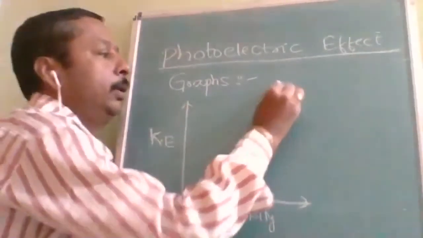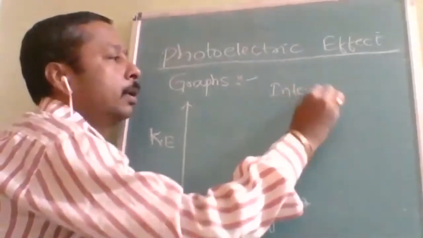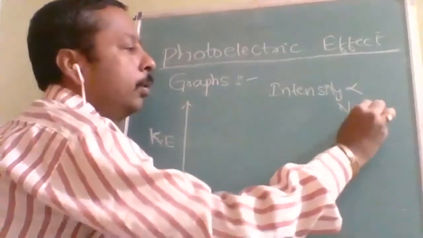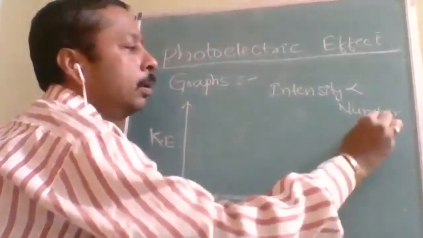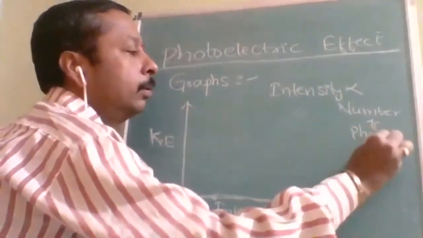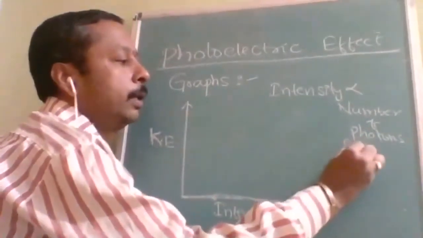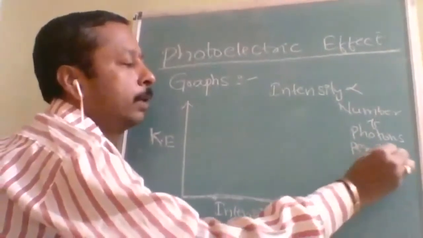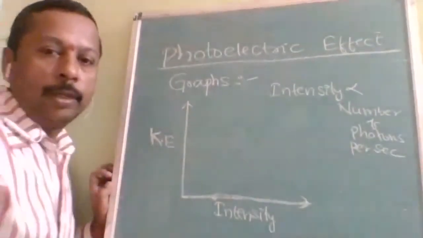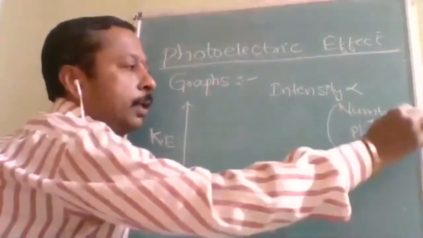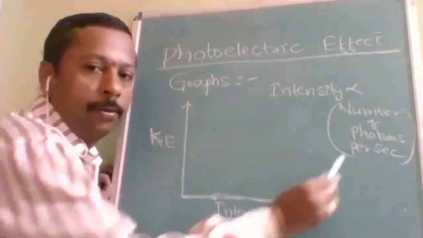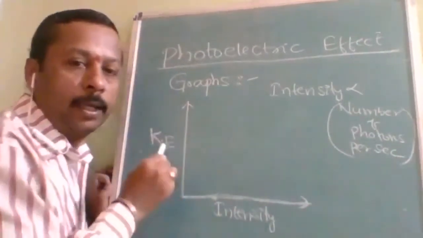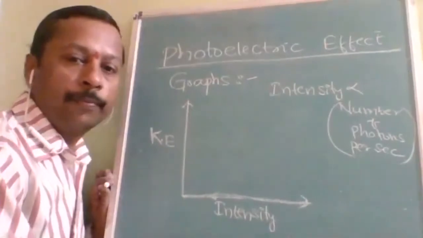So the intensity definition is: intensity is directly proportional to the number of photons ejected per second. So in 1 second, how many photons are given out? If the number of photons increases, intensity increases, then what happens to kinetic energy?